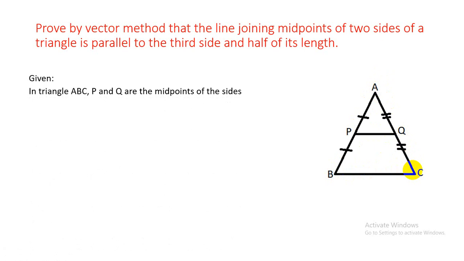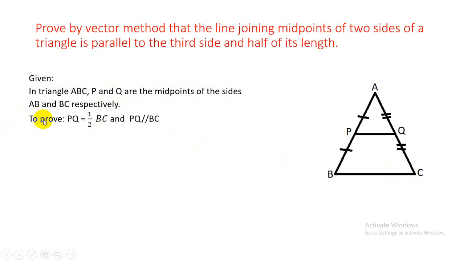Given: in triangle ABC, P and Q are midpoints of sides AB and AC respectively.